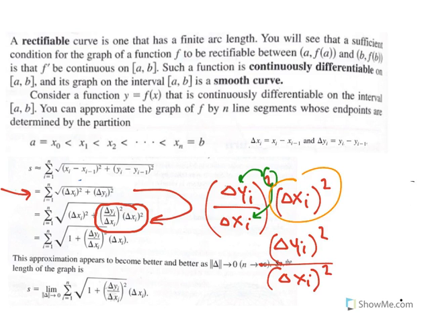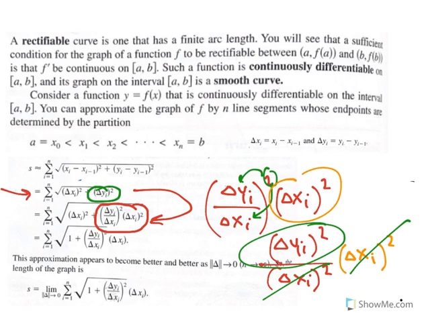And then of course you have this delta x sub i squared. So when you look at it that way, you can see that these two common factors will cancel, and you're just left with this, which is exactly what you had in the previous line. So we are not making any changes. It is algebraically equivalent. So that's our algebraic manipulation.